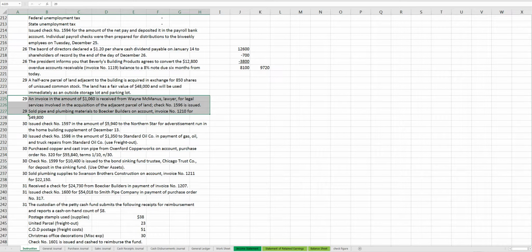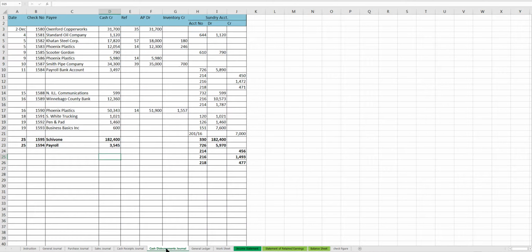Therefore, the legal fee will be part of the cost of the land. Anything we paid for the land will be recorded as the cost of the land. Because this is a cash disbursement transaction, we need to record it in the cash disbursement worksheet.